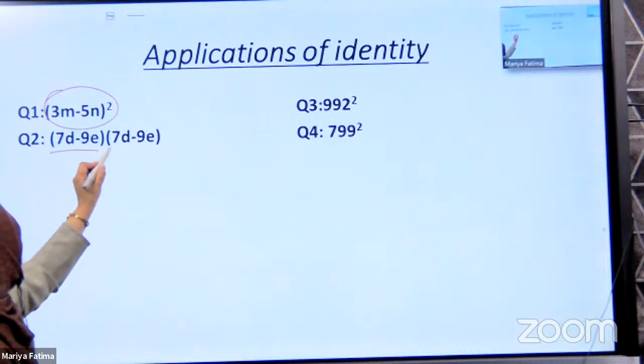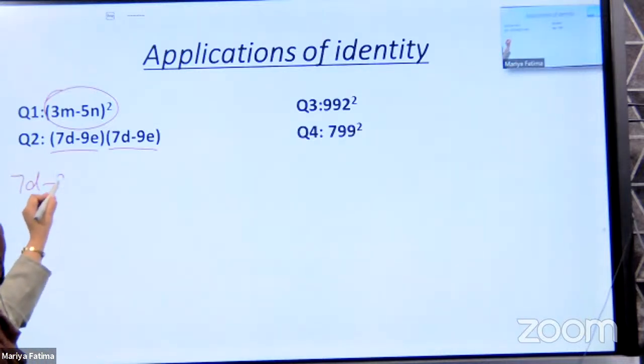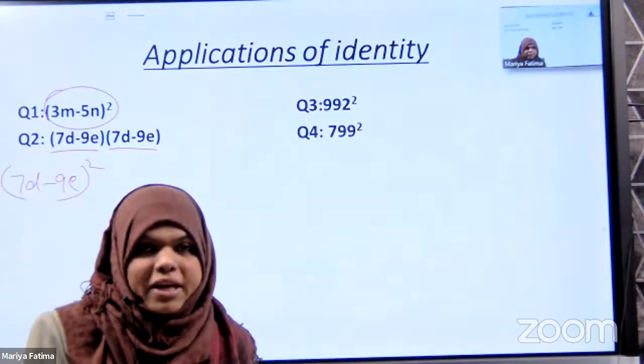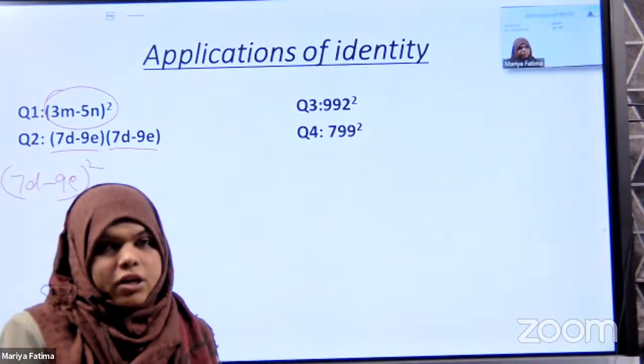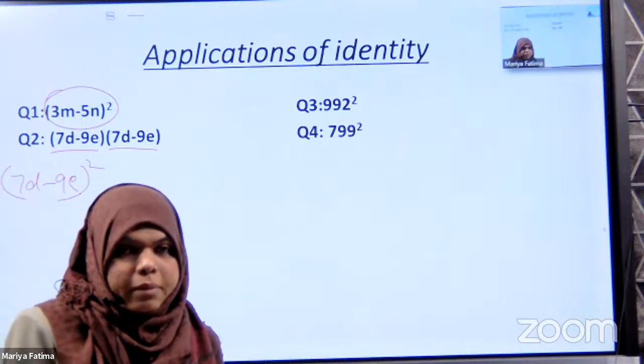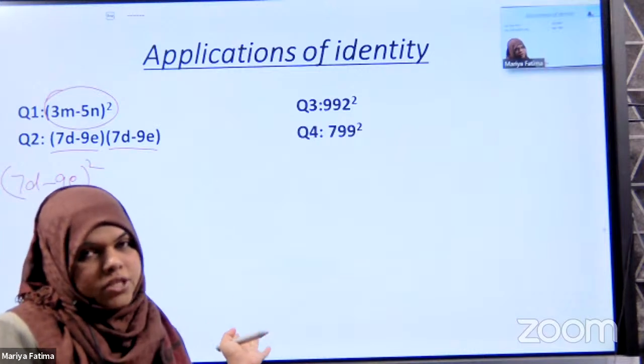Now the second one is 7d minus 9e into 7d minus 9e. You can write it as 7d minus 9e whole square. Now it is in which form? It is in the second identity, A minus B whole square. So what is the RHS of that identity? A square minus 2AB plus B square. So you can use that identity here to solve this question.